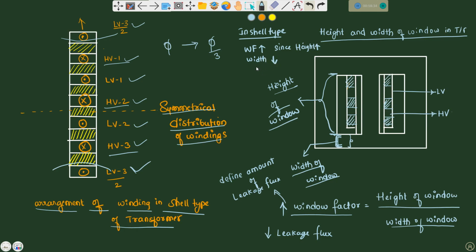Whereas in core type transformer, window factor is less. Window factor is less in core type core. Why? Since there is more width and less height.